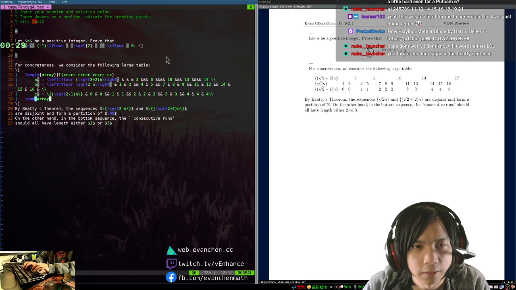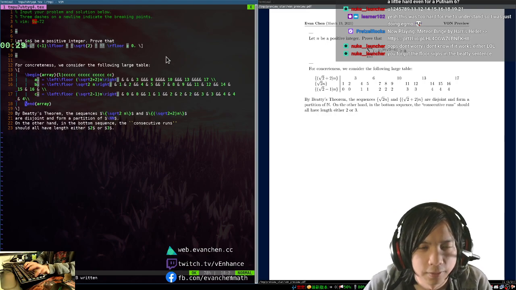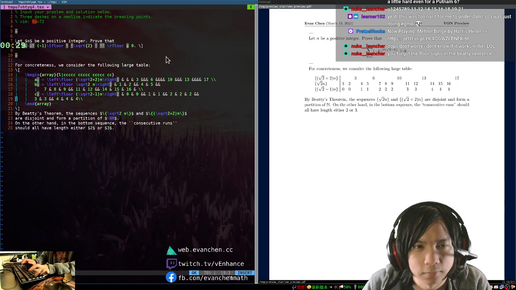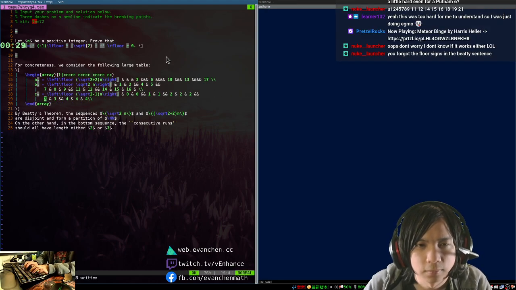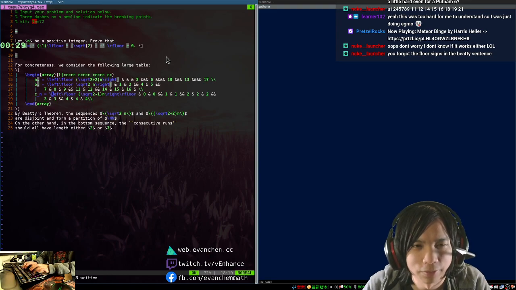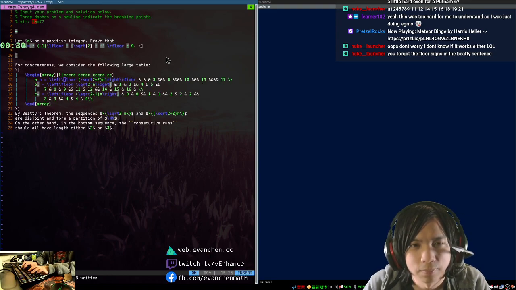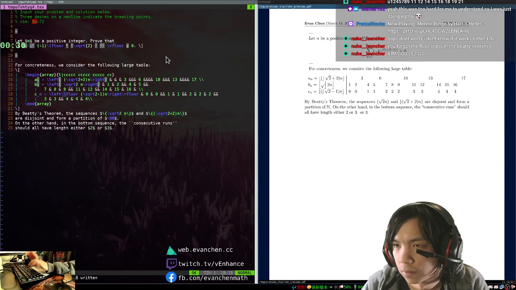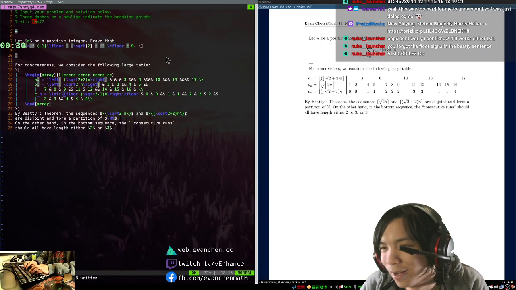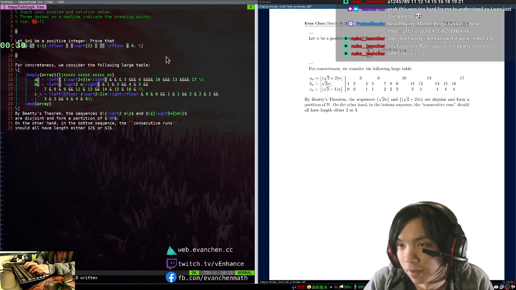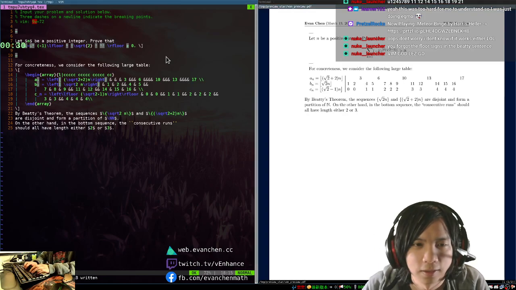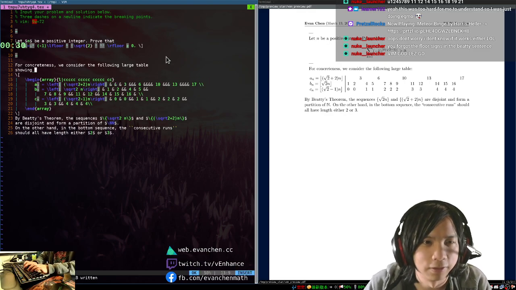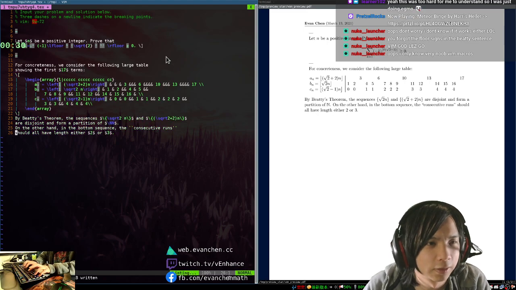Oh, it's left L floor, not R floor. That looks terrible. Showing the first 17 terms.